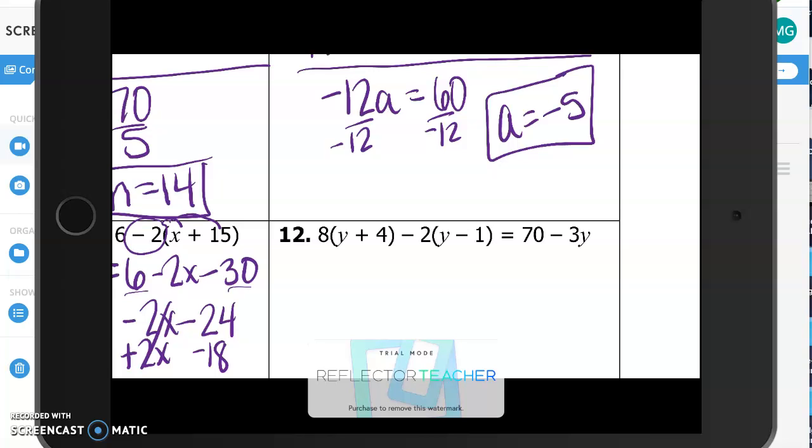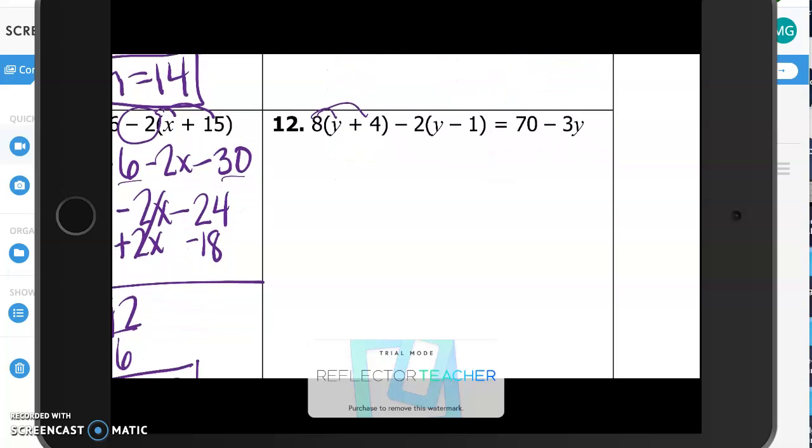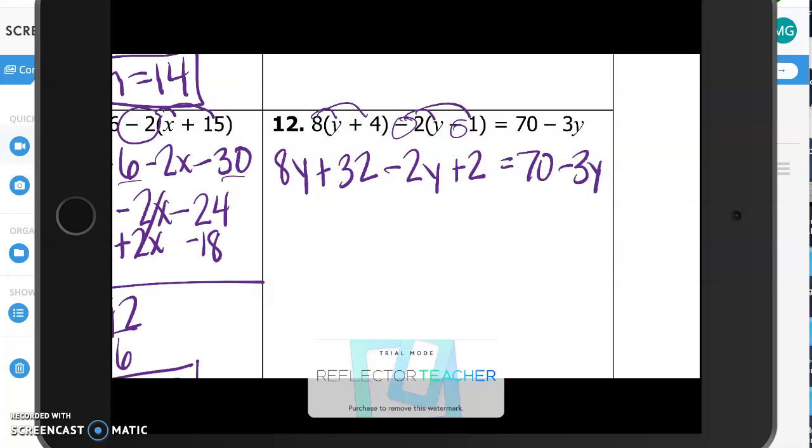And our last one, number 12, we have to start by distributing. So 8y plus 32 minus 2y plus 2, negative and a negative, equals 70 minus 3y.